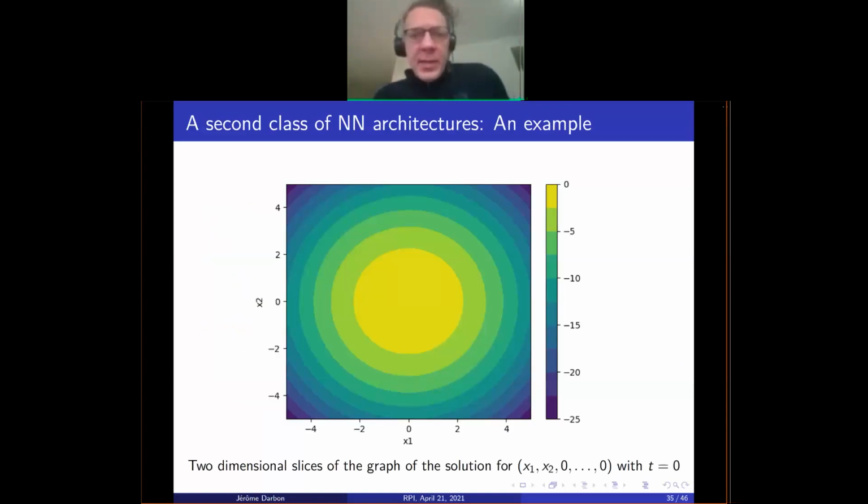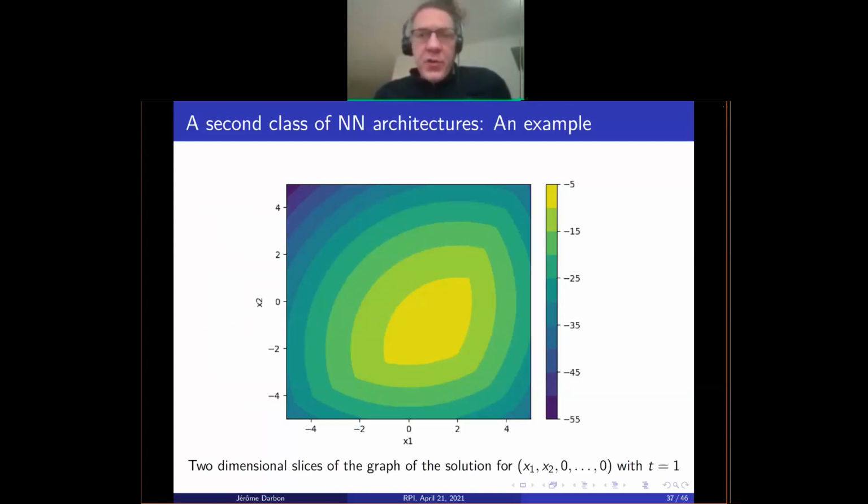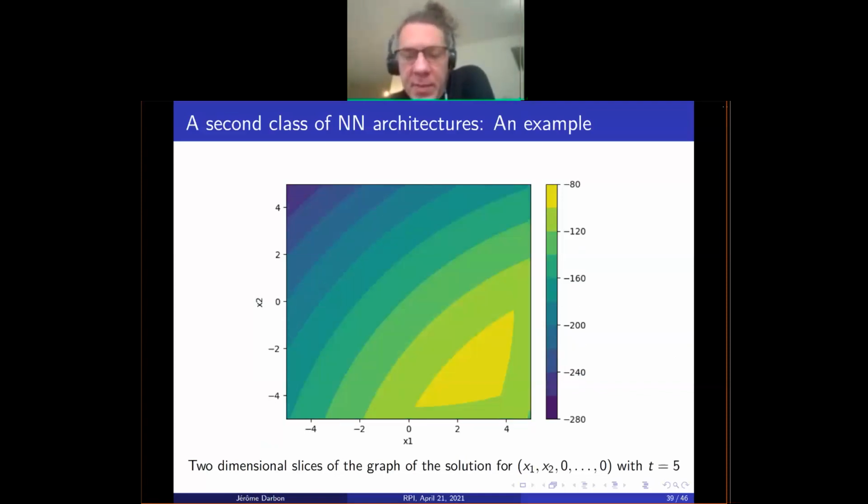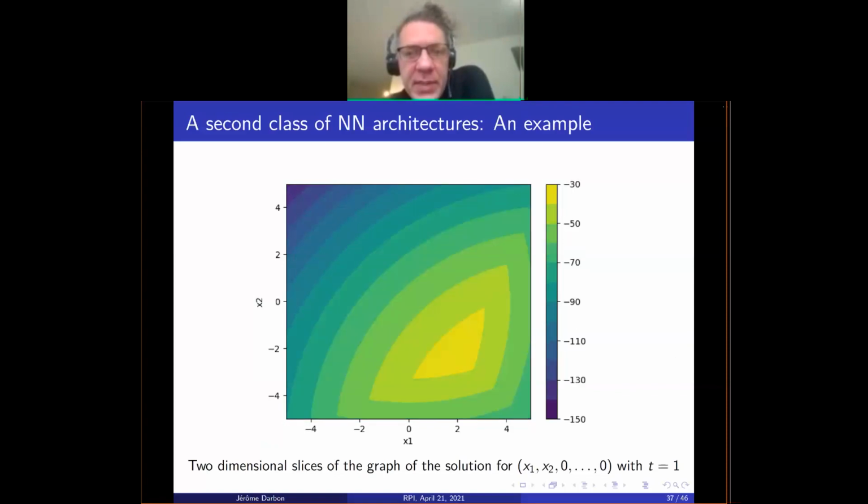And I can plot the solution, and as expected by the theory, we do not have a classical solution. The solution is not differentiable, but we are able to compute without error the numerical viscosity solution of this PDE. And those are other examples for different times.